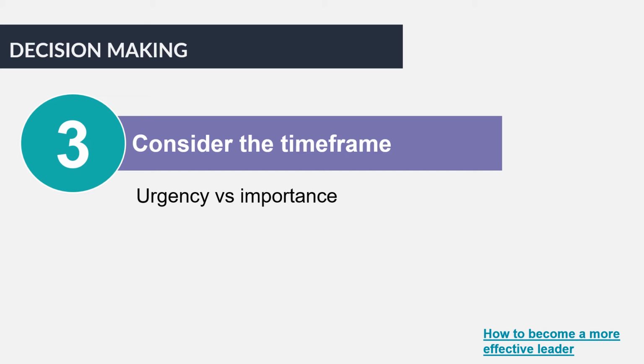So sometimes you just need to skip some of those key stakeholders and trust that you make a very good decision based on the limited information and data that you have, because you don't have enough time. And the other thing is about importance.